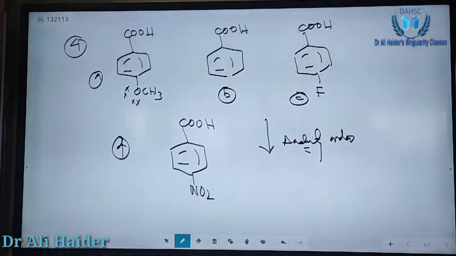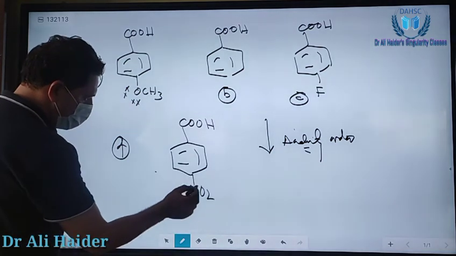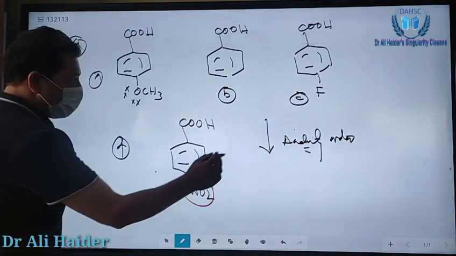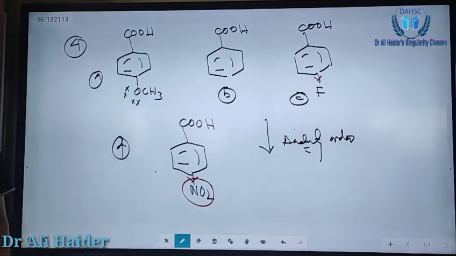C. Yes, sir. D. Which one is? D, obviously. This nitro is also electron withdrawing, fine. But NO2 group is more electron withdrawing than fluorine.